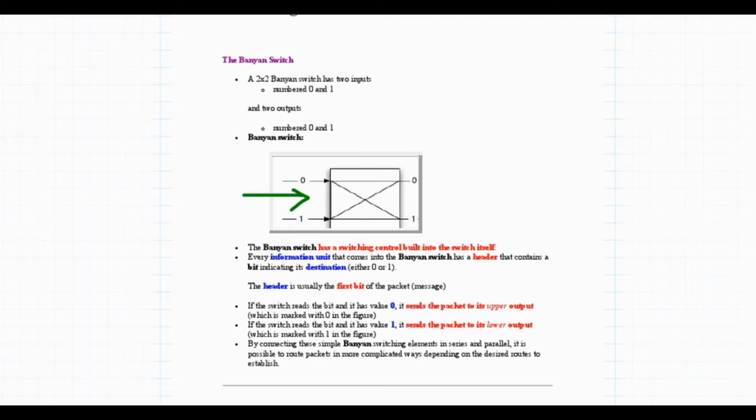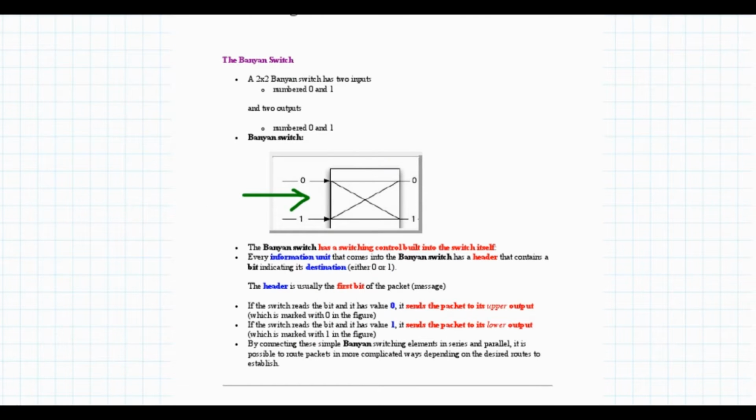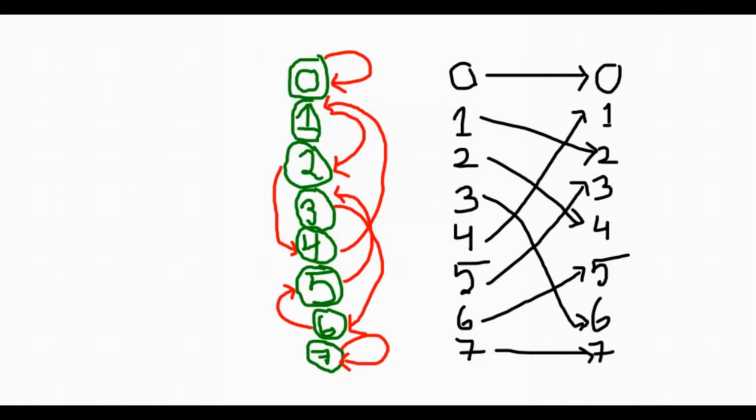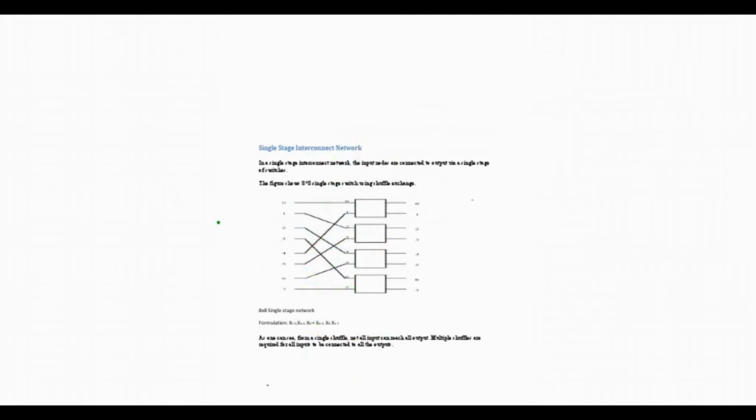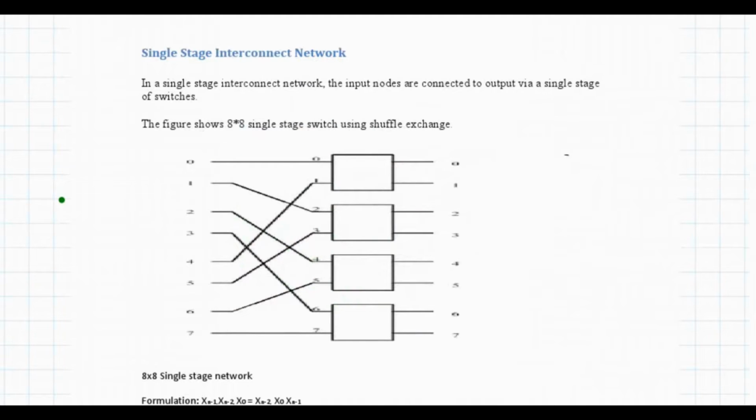If you can recall the shuffle exchange network that we studied during our previous day discussion, yes, here it is. You can see that this shuffle exchange network has been implemented by using 4 Banyan switches. Now, what is the stage here?